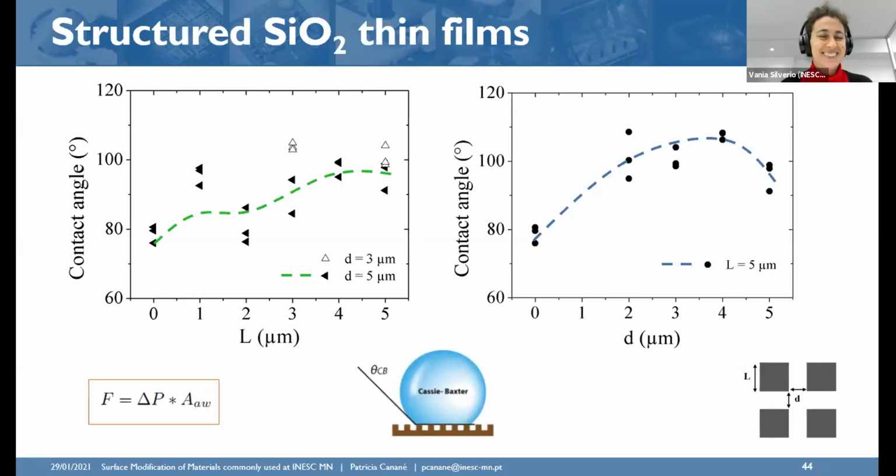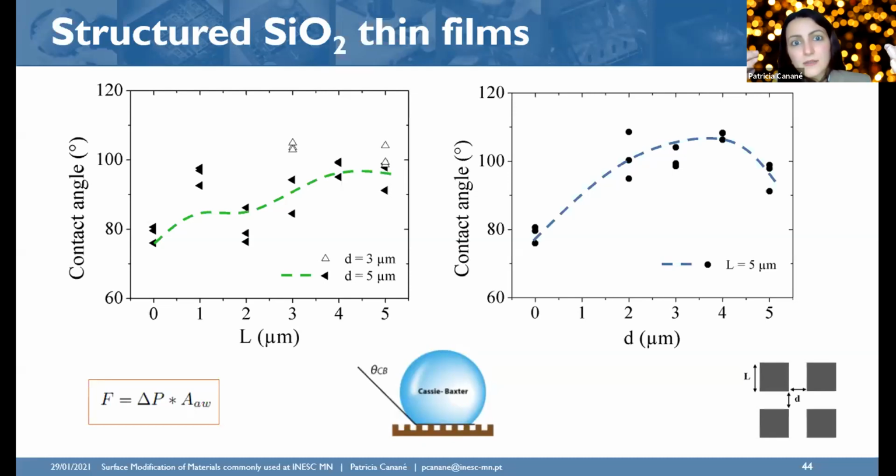Perfect. Are you happy with the modification of your surface, or for application you would need still better treatment of your surface? Yes, I'm happy with the results, because even with the structures that could not react chemically with the silanes, we observed some alteration of the contact angle. And this is very important because it allows for a wide range of applications.